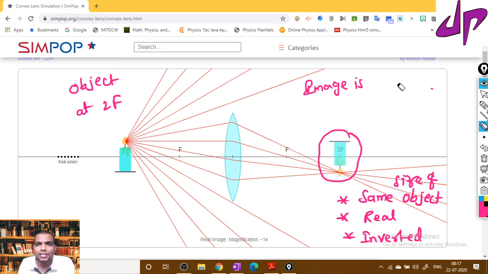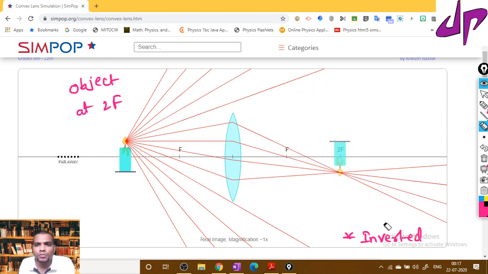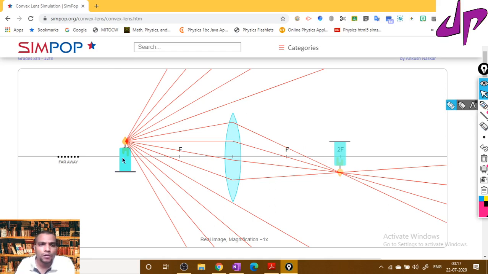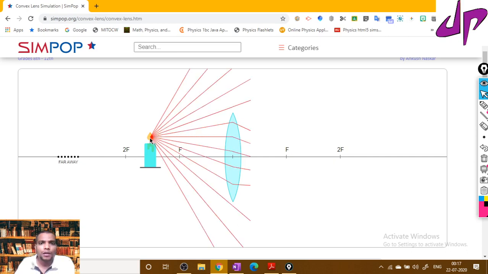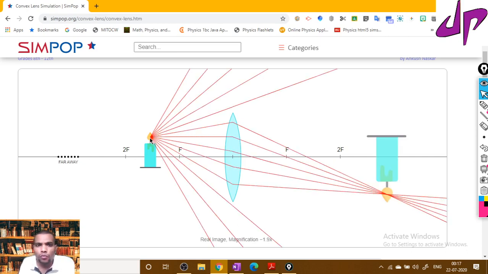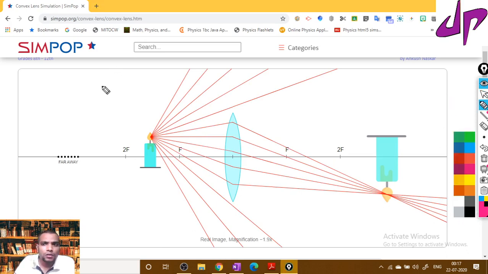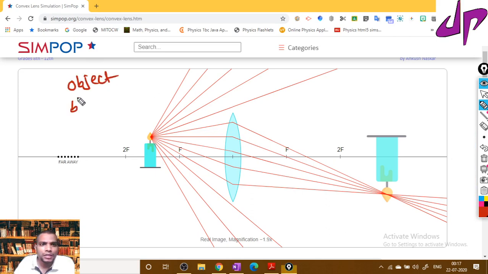Now let's change the position of the object. Now if we take the object between f and 2f, I can write it here: object between f and 2f.